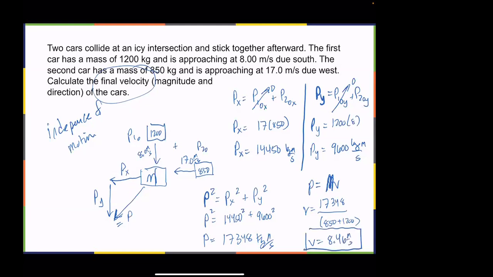And it's a resultant, so we've got to find this angle, which is going to be 33.60 degrees.